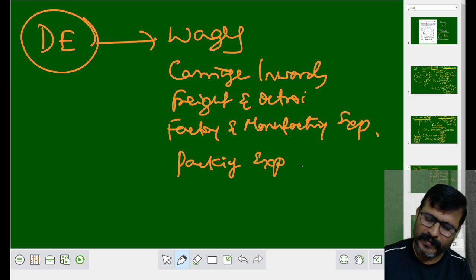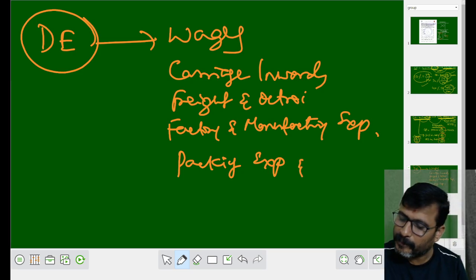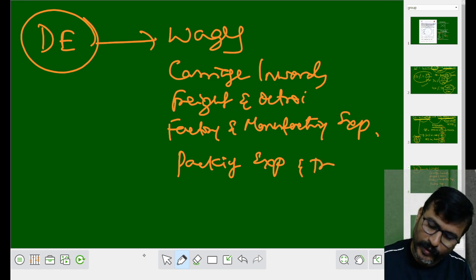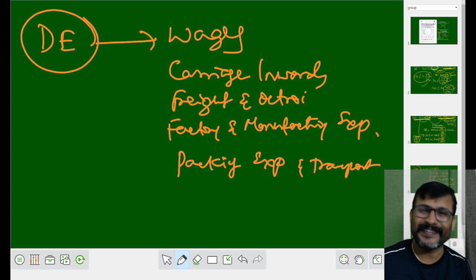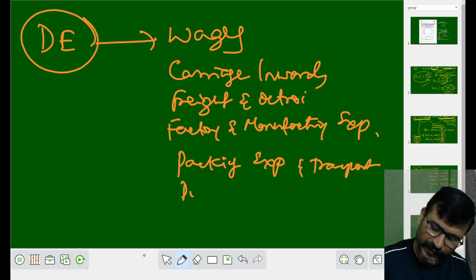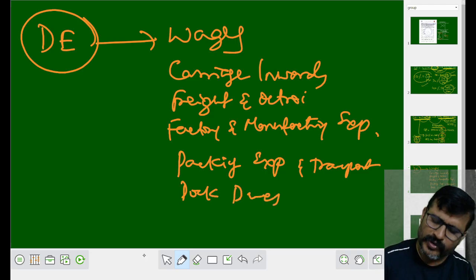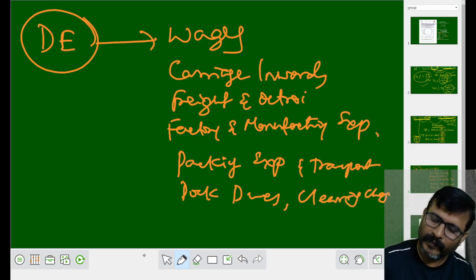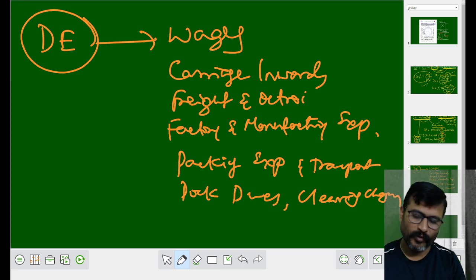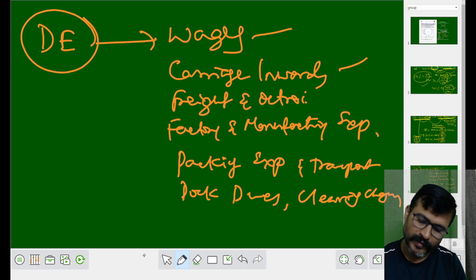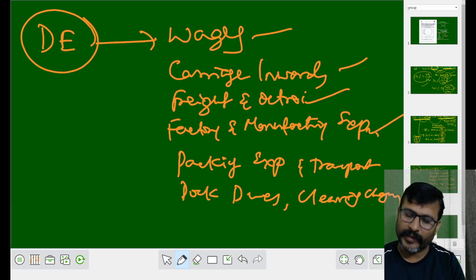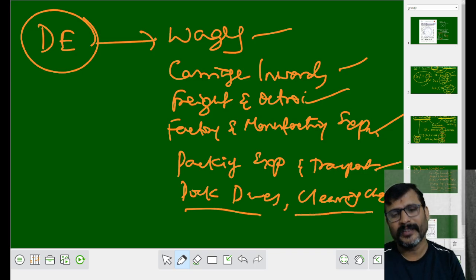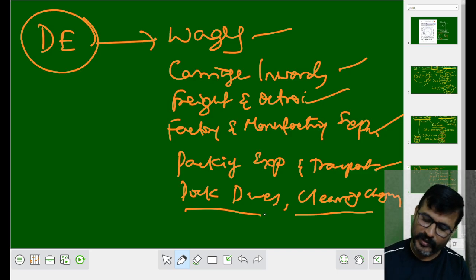Packing expenses and transport expenses is a direct expense. Then dock dues, clearing charges are the direct expenses. These are all called direct expenses.